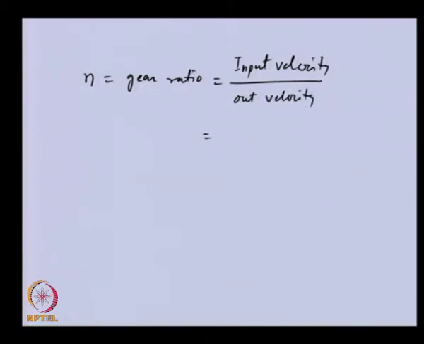In our case, if we are talking about angular displacement, this will be phi Z1 divided by phi Z2, or it will even be equal to omega 1, the nominal speed of the gear.